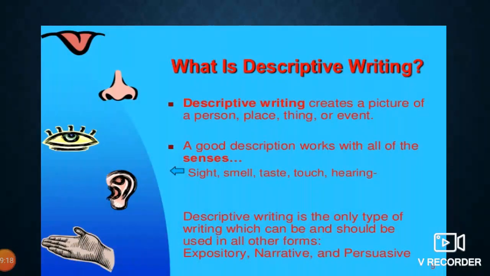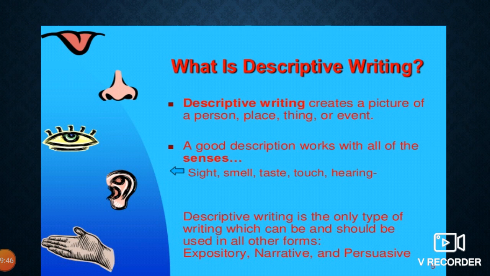So, descriptive writing creates a picture of a person or a thing or an event, and a good description works with all the senses: through eyes, through ears, through taste, touch, hearing, and all.